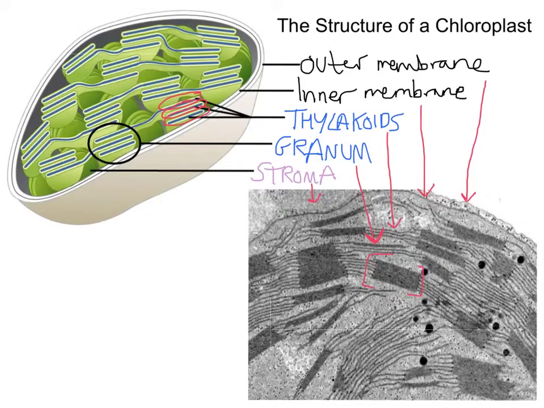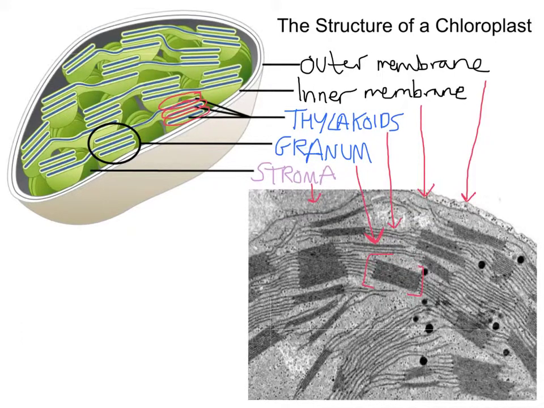In a typical animal or plant cell, you might think it's a bit like the cytoplasm region. So it's the area surrounding these grana, or these stacks of thylakoids. The stroma is also a bit like the mitochondrial matrix.